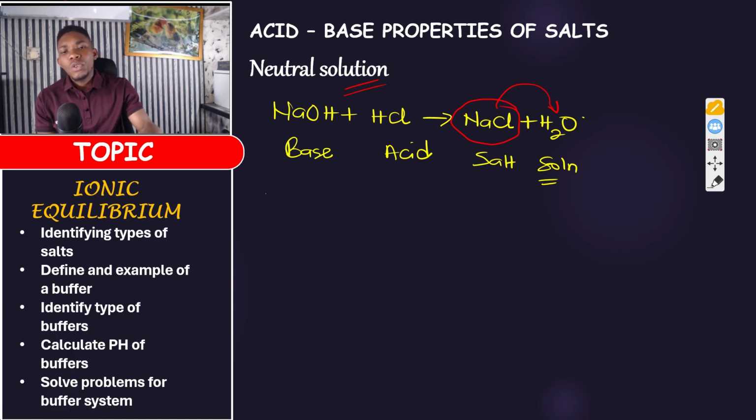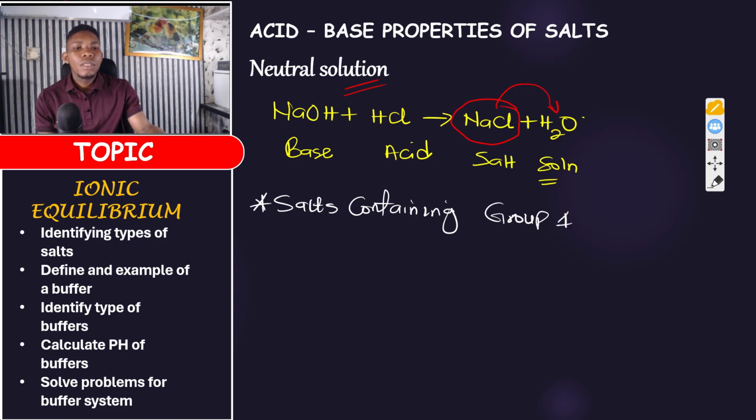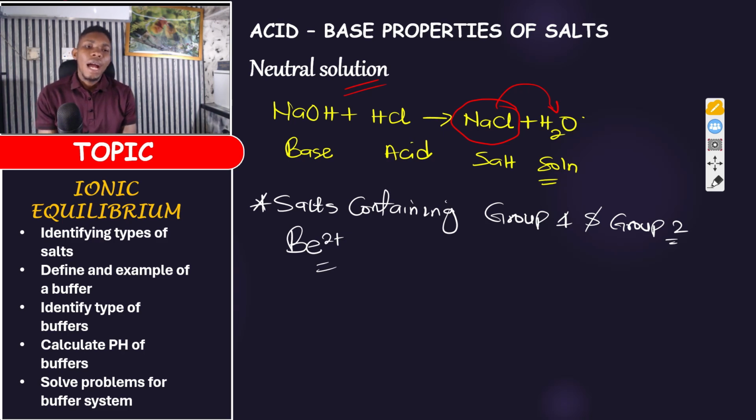Alkaline metals are group 1 elements in the periodic table, and group 2 elements are called alkaline earth metals, except beryllium. So beryllium does not form neutral salt. Is that okay? Beryllium is what group in the periodic table? Of course, it is an alkaline earth metal, group 2. And the conjugate base of a strong acid.